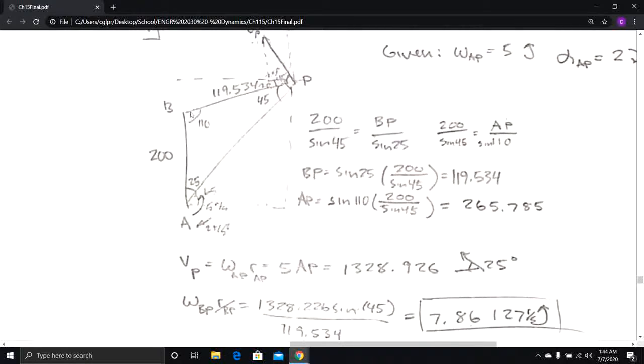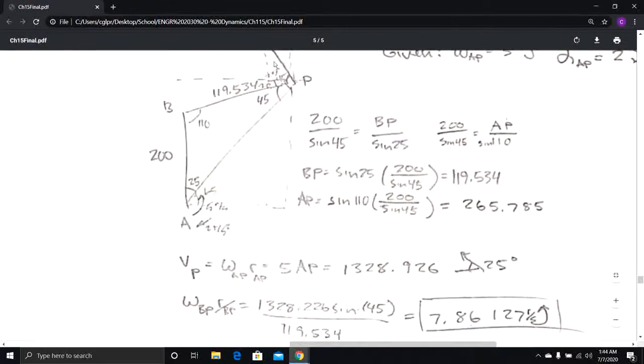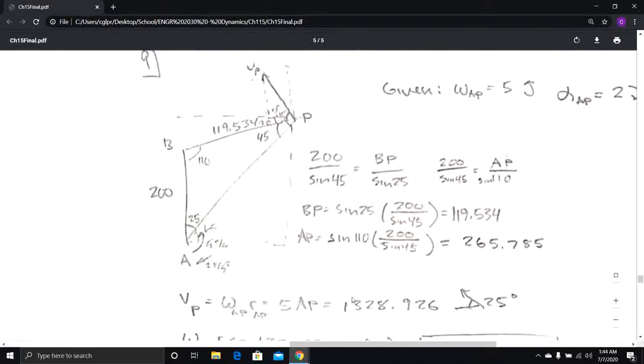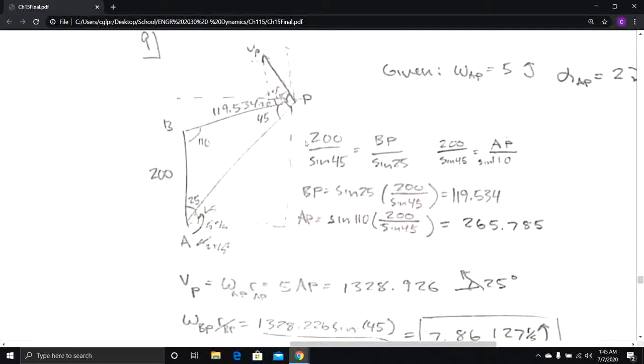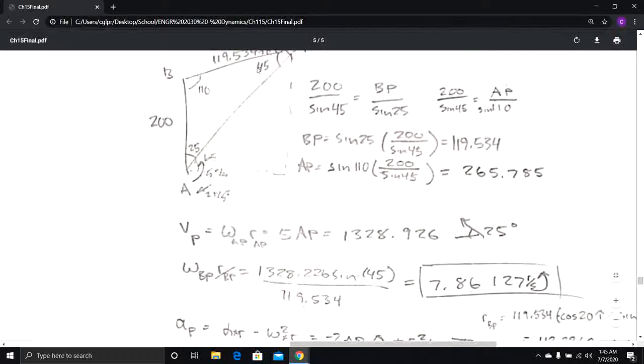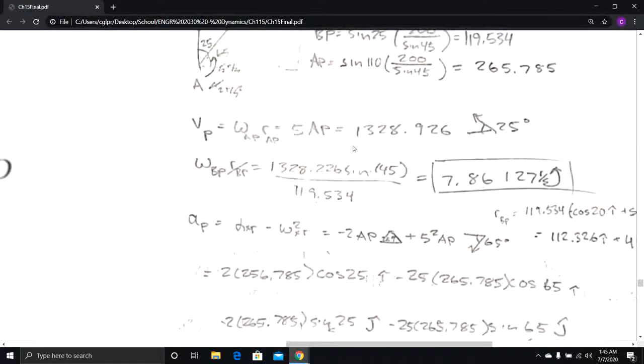Right now I'm just looking at the tangential velocity of BP, which is why I need to use the sine 45 to break down the components of the VP vector into two parallel vectors corresponding to both the tangential velocity as well as the relative velocity that's going towards VP. So that's going to cause the collar to slide towards it. Anyways, I'm able to solve for omega pretty quickly.